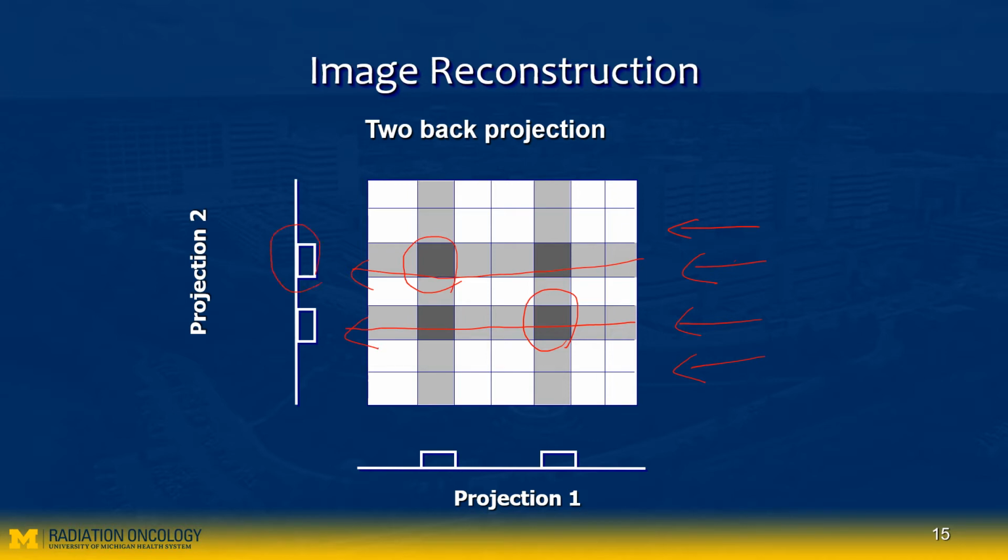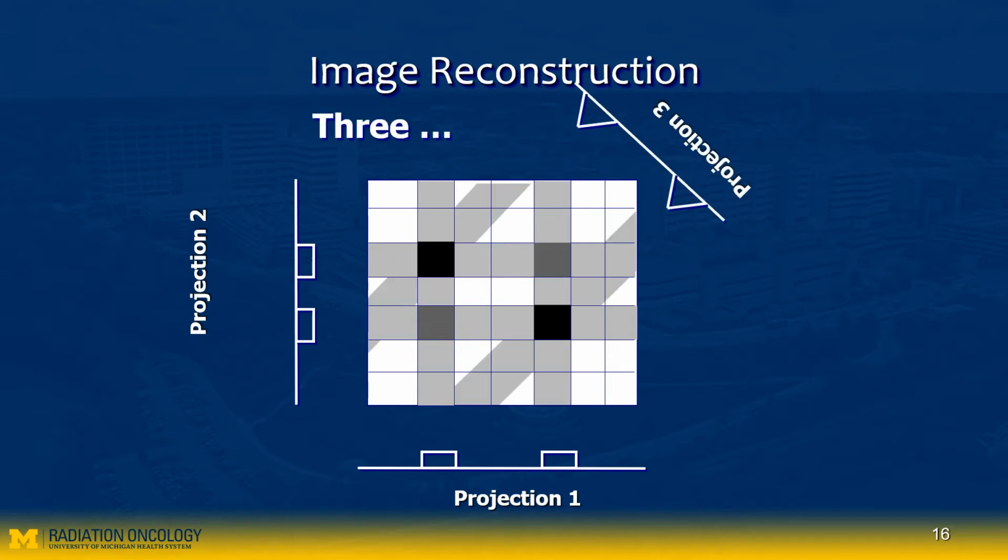Your detector says, I detected something here, I detected something here. So far we can at least tell that it looks like there's an object. It looks like there are 4 objects with these two projections. In reality, there are only 2. But now let's throw in another projection.